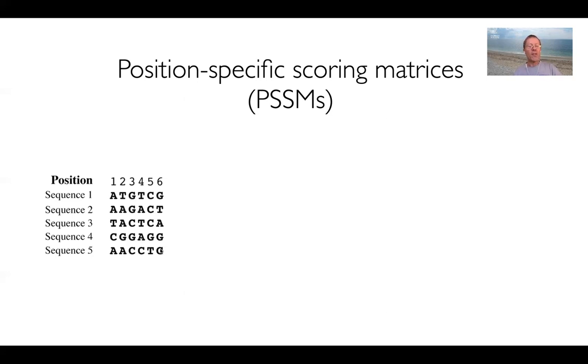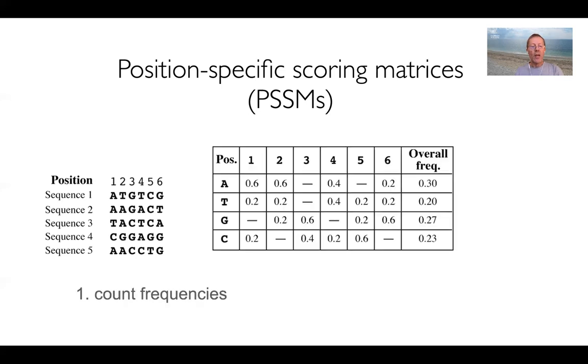Now what you're interested in is trying to condense the information in this multiple sequence alignment into a form where you can easily search, say, a whole genome for new instances of this type of binding site. One very simple way to do that is to use this position-specific scoring matrix, PSSM.